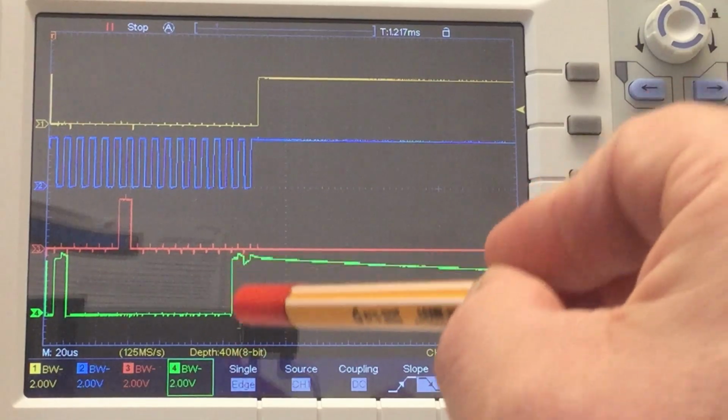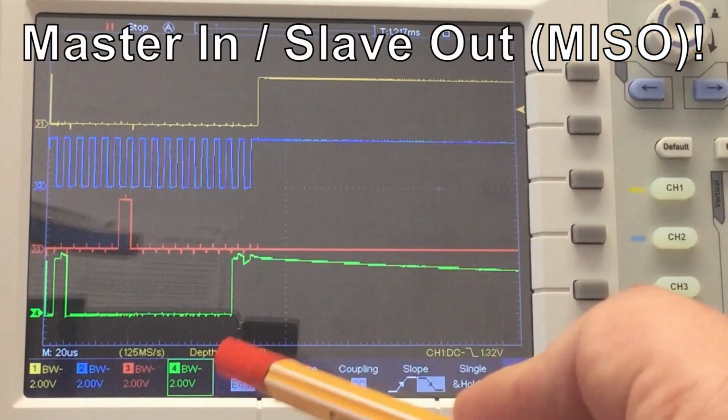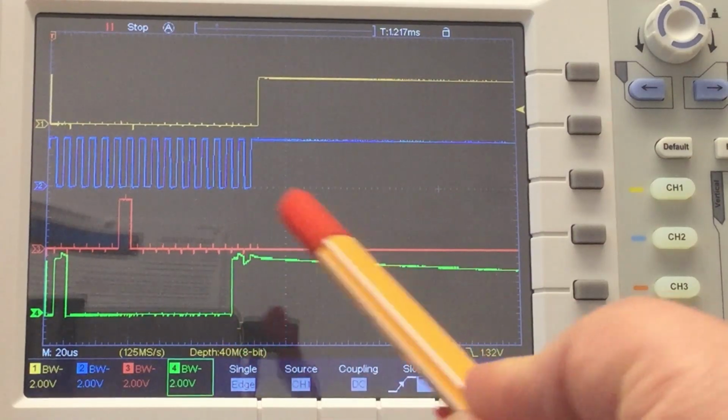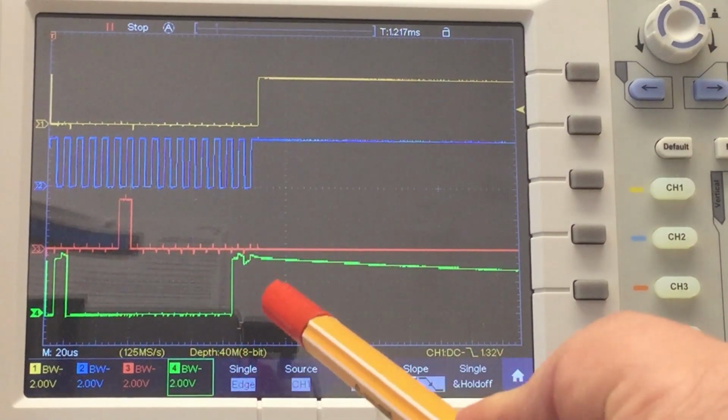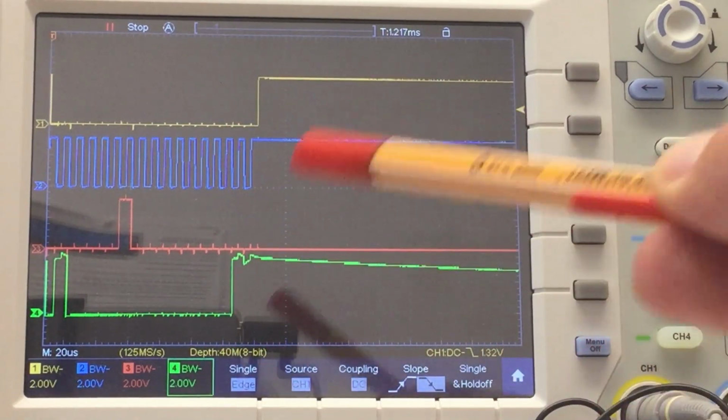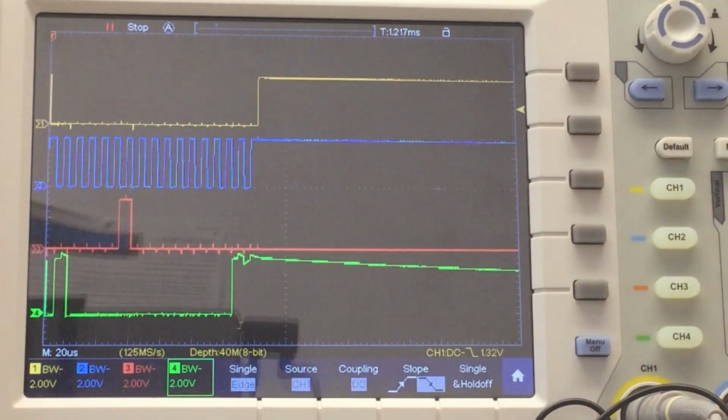I mean, the master out, slave in pin on the controller, on our Arduino, is always driven. But maybe it's better we look at the drawing, huh?